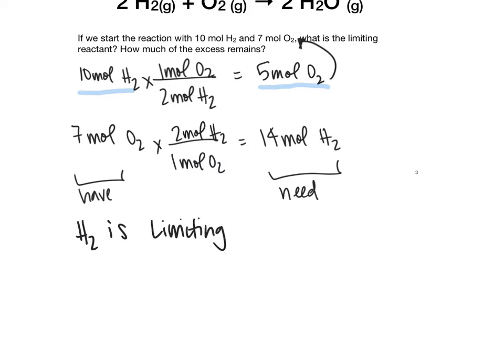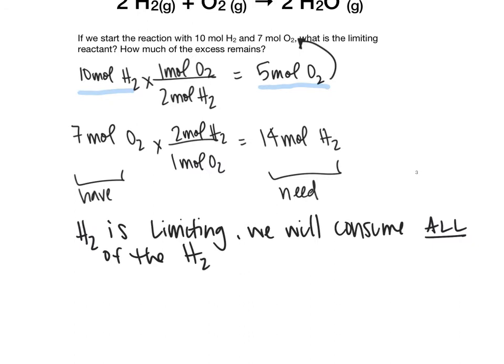So the limiting reactant controls how much we use. So in this case, we're going to consume all of the hydrogen gas. So if we consume all of the hydrogen gas, we're going to use 5 moles of O2.